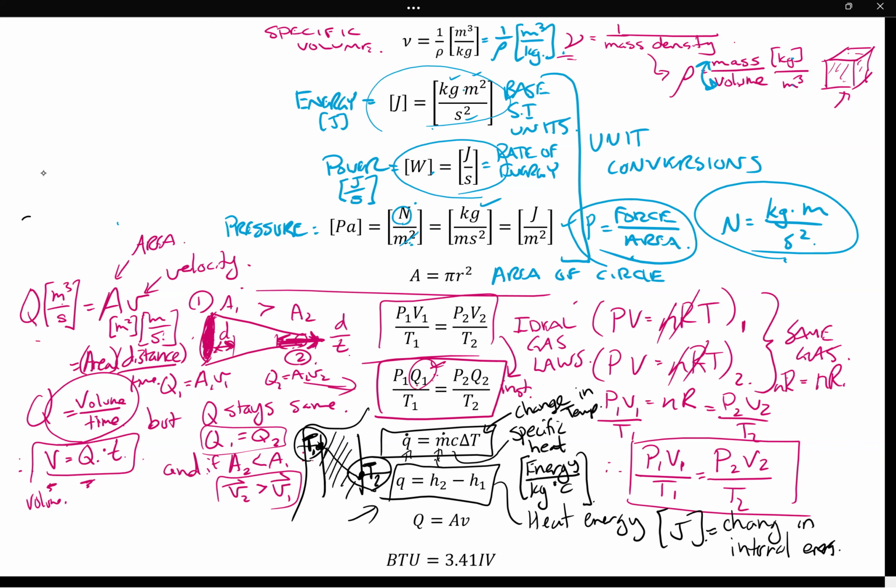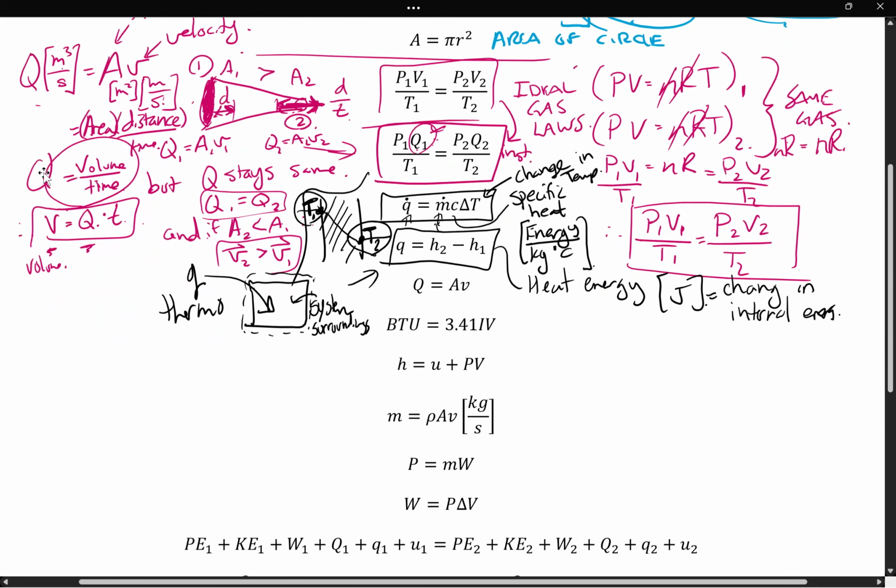And this would be used for a thermo problem where there is definitely a system and it has surroundings. And you want to know how much Q, how much heat is going into that system, or how much heat is coming out of that system. Basically, it's part of a first law energy balance. It is an energy that is going in.